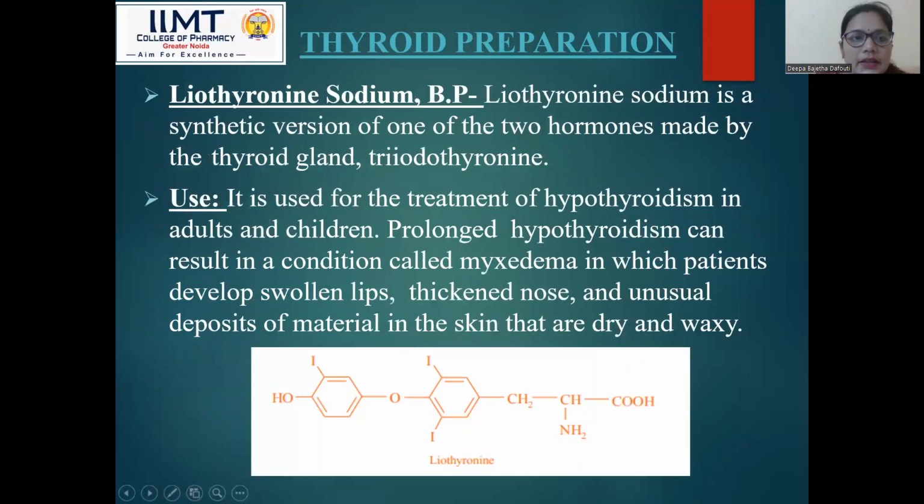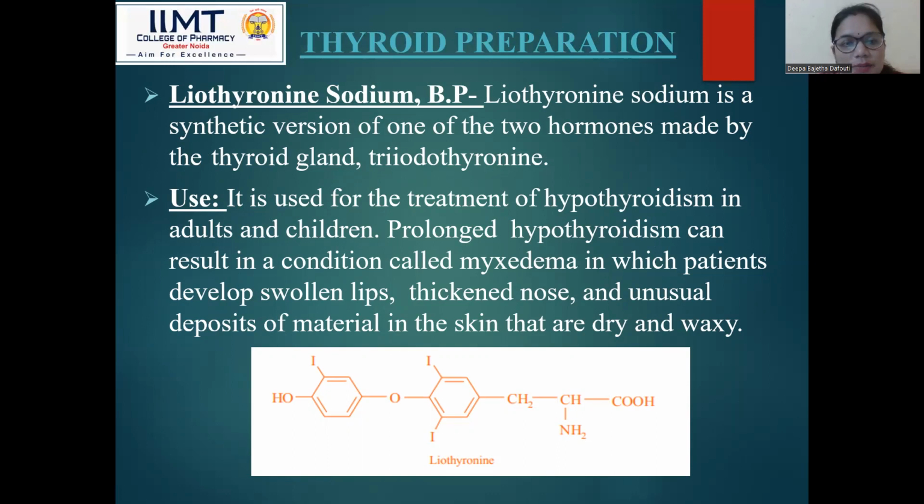Next is L-liothyronine sodium. Liothyronine sodium is a synthetic version of one of the two hormones made by the thyroid gland, that is triiodothyronine. So use of this liothyronine sodium is for the treatment of hypothyroidism. Both the drugs we can use for hypothyroidism in adults as well as in children.